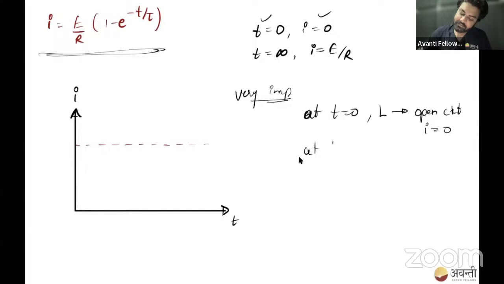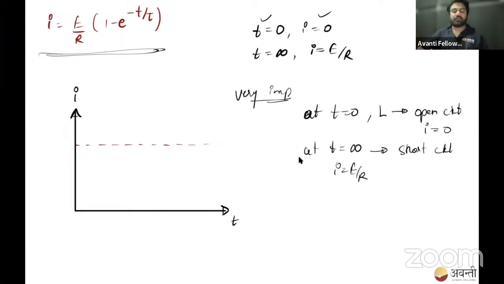And at t equals infinite, meaning after a very long time, put t is equal to infinite in this place. It will be e to the power minus infinite, and e to the power minus infinite is 0. So the current will be I is equal to E by R, and it will behave like a short circuit.